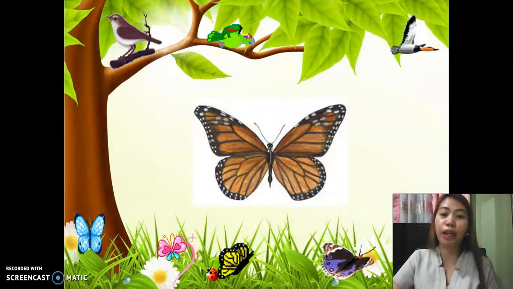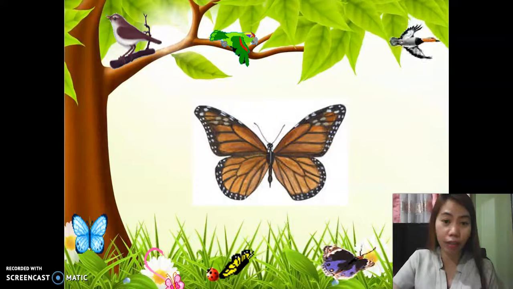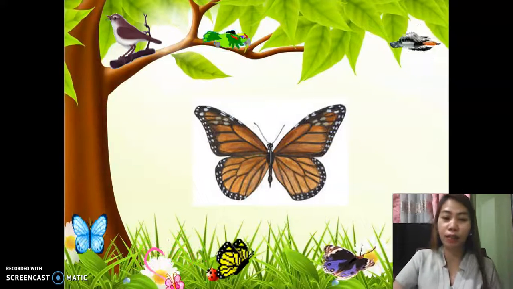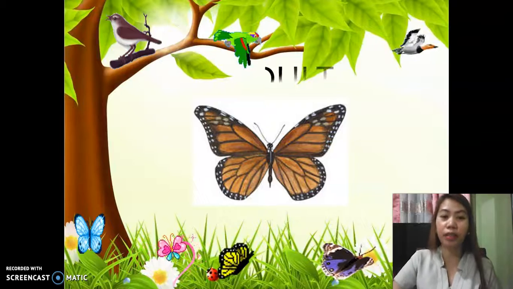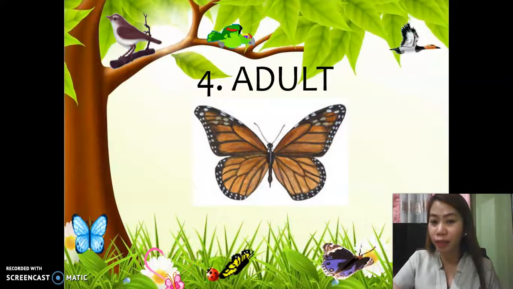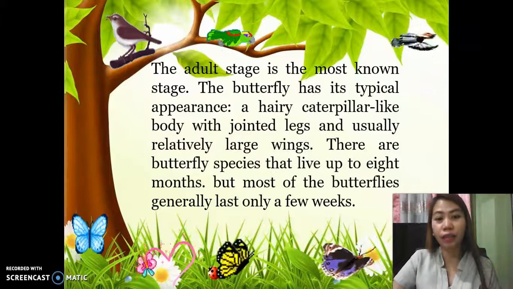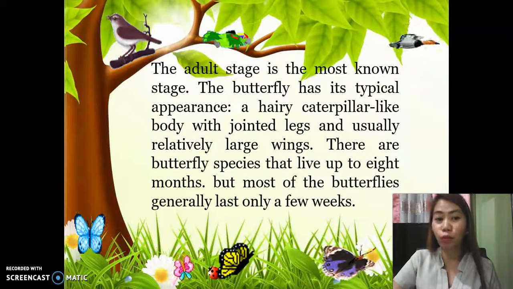Okay, now, for the fourth stage, I know most of you know this stage. So this is the beautiful stage. This is actually the adult stage.